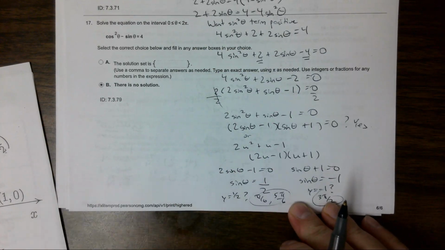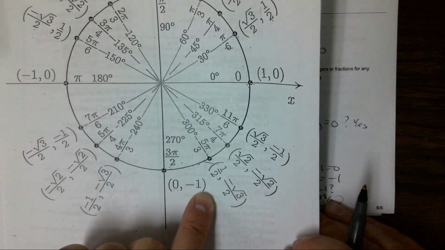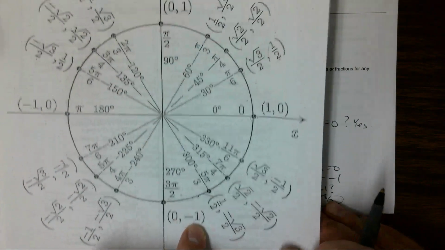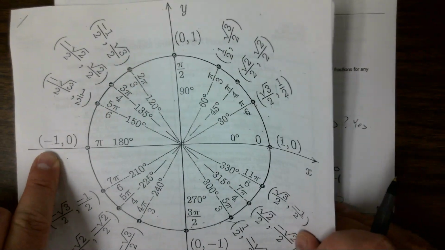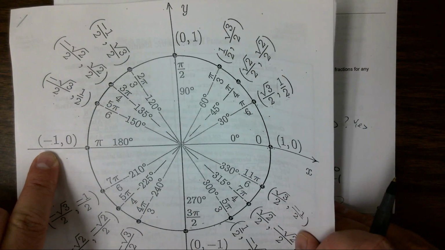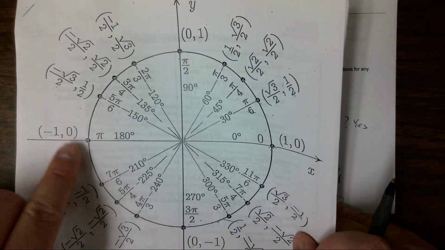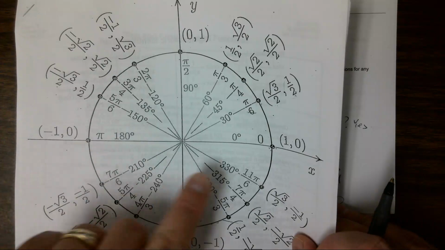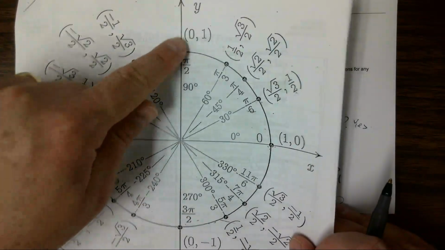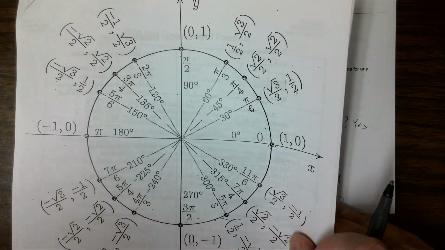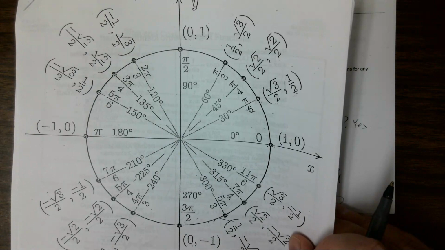So if you're looking at your unit circle and it says, well, this is negative 1, well, that only happens one time on this whole big circle. If it's about this one, negative 1 for cosine, it only happens once on this whole big circle. But if you wanted a y value of 0, you got 2 spots. If you wanted an x value of 0, that's 2 spots. That's why sometimes there's 3 answers and sometimes there's 4.